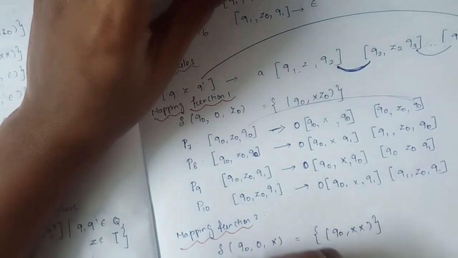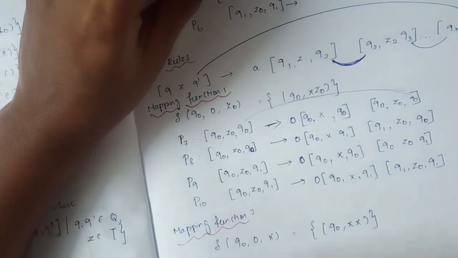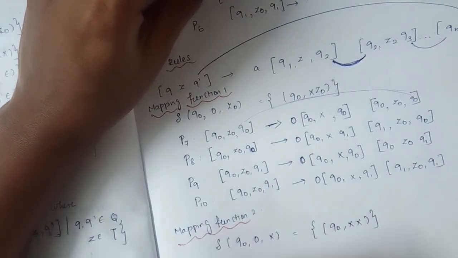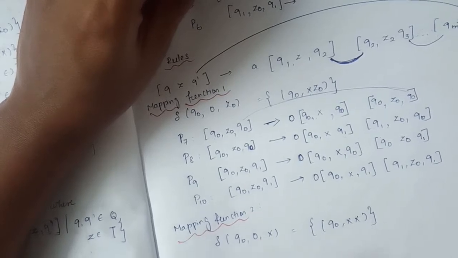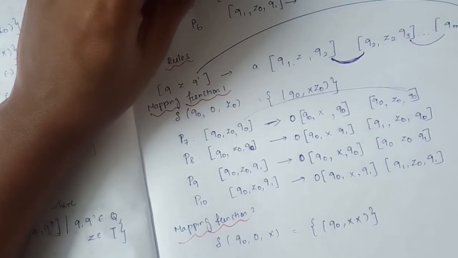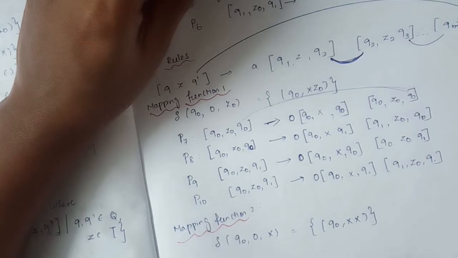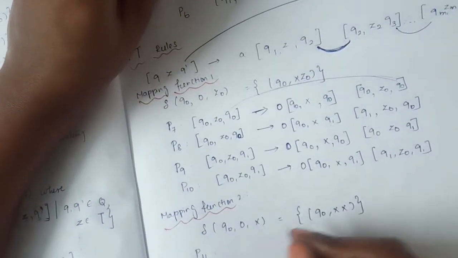So for this we'll have a similar combination, which is known as the 4 combination: P11, P12, P13 and P14. So similarly you have to write this as the previous one, right?